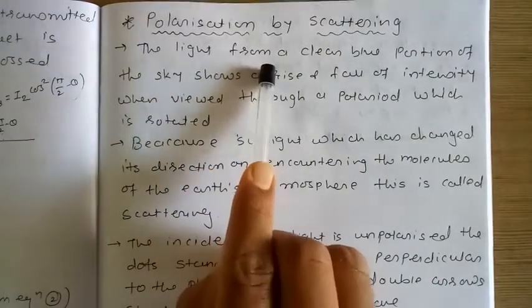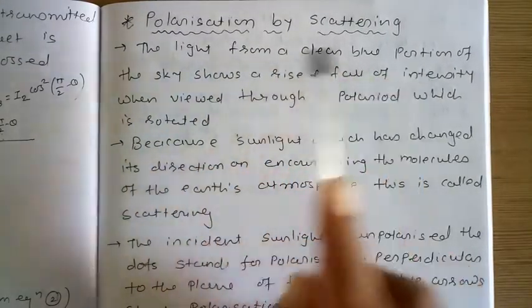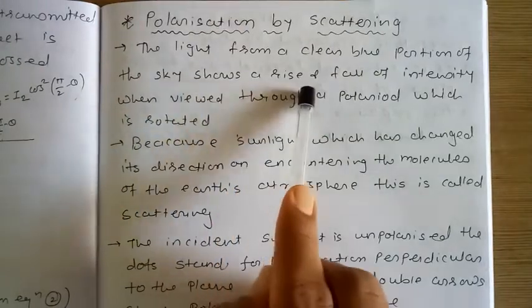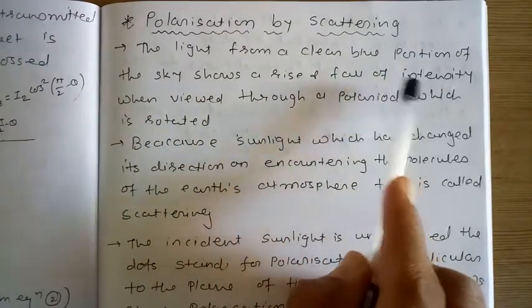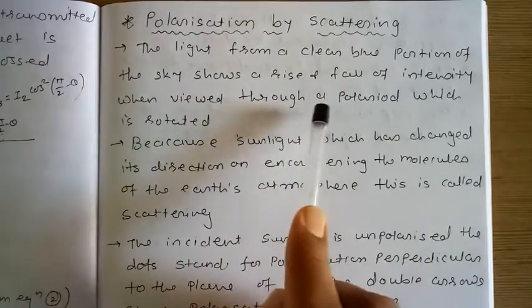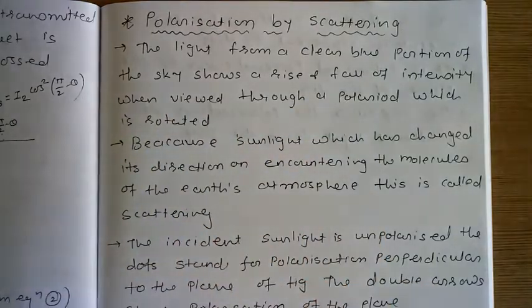The light from a clear blue portion of the sky shows a rise and fall of intensity when viewed through a Polaroid which is rotated. We already discussed in the last example that when a Polaroid is rotated, there will be a change in intensity.